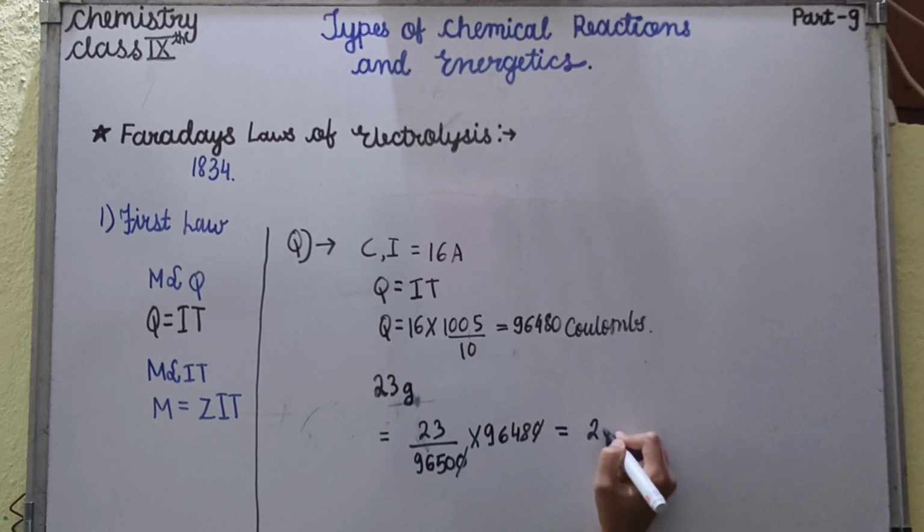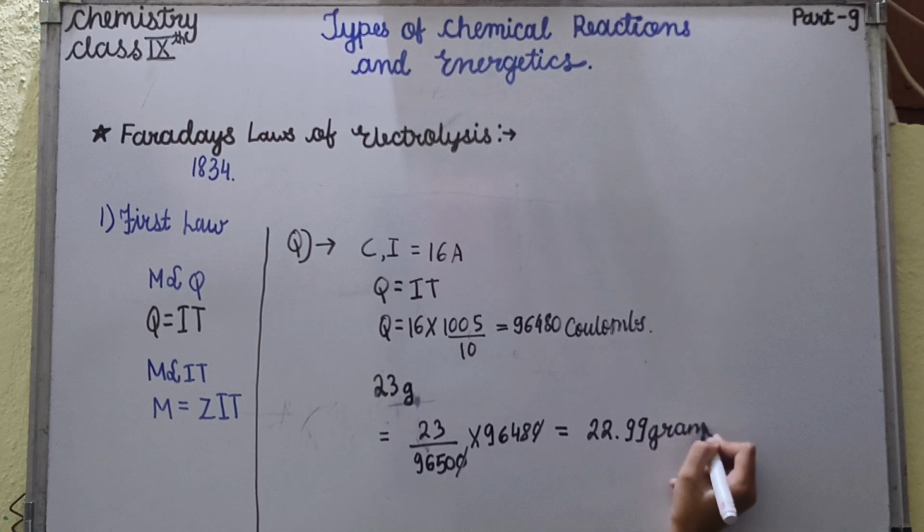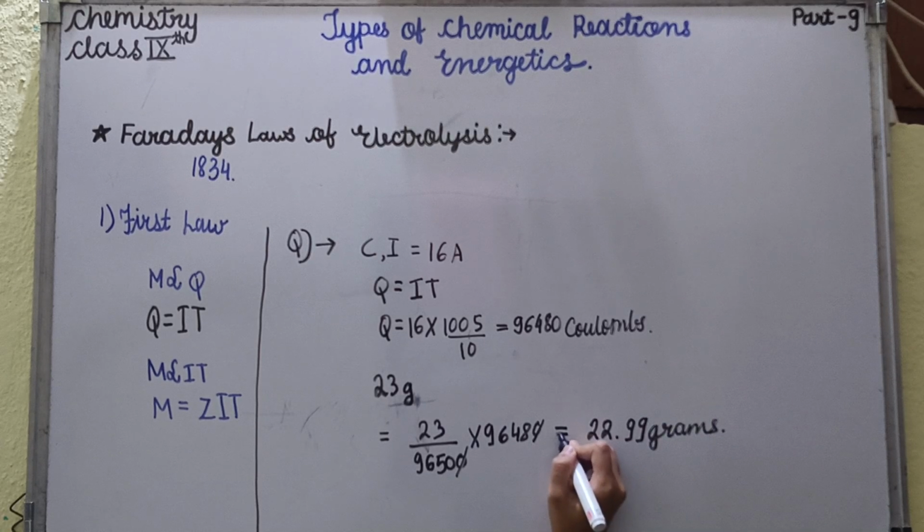The answer we'll get is 22.99 grams. Thus 22.99 gram of sodium metal will be obtained. I hope you have understood till this.